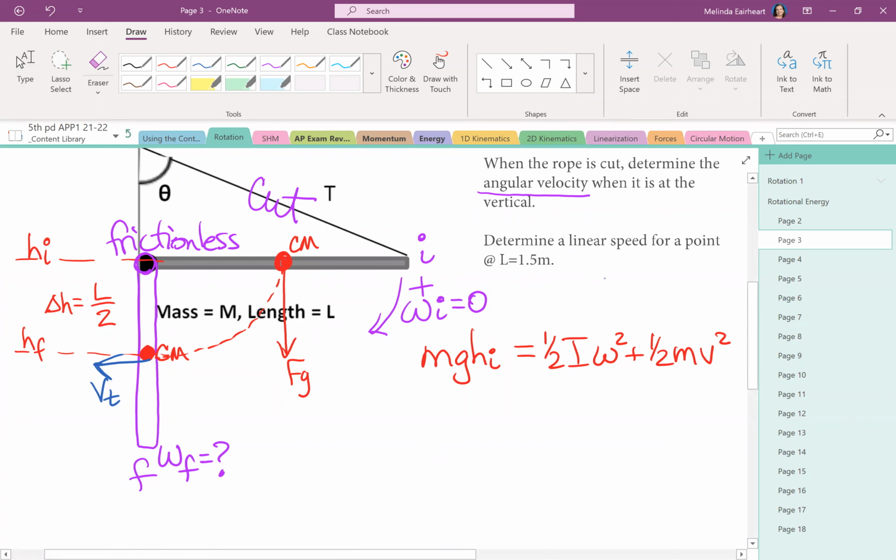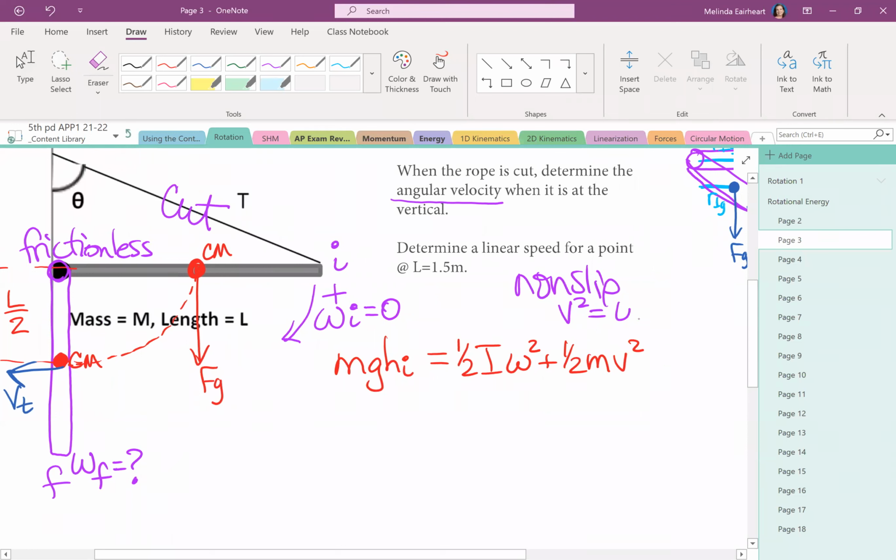With non-slip, we'll say that v squared equals omega squared r squared. So we can plug in the non-slip equation for the linear velocity, since ultimately they asked for the angular. Yesterday, I plugged in what we were used to, solved for the linear velocity, and then you just backtrack with radius to get omega, okay? So it's not hard if you sub in the wrong one to begin.